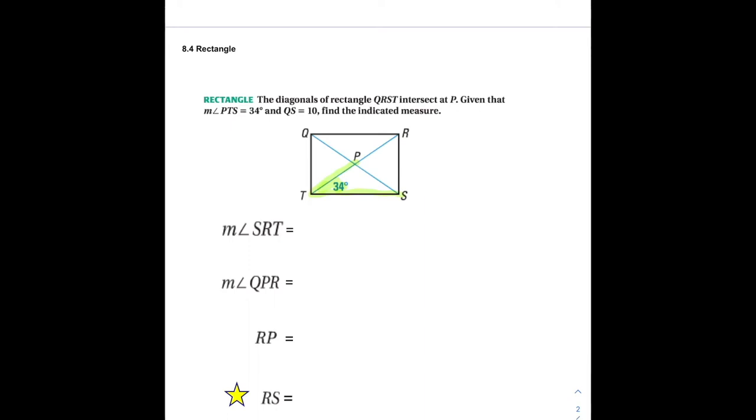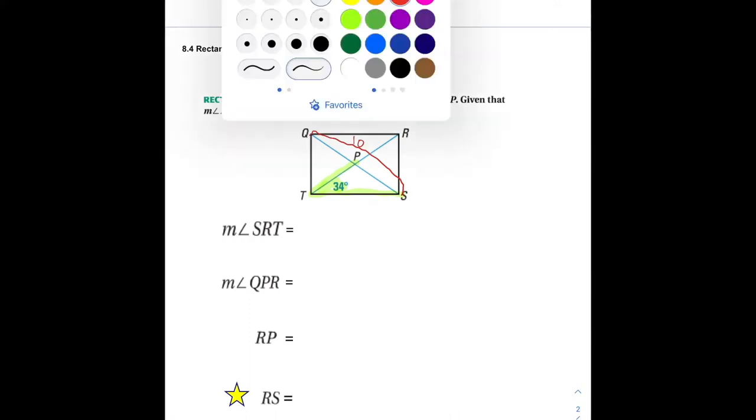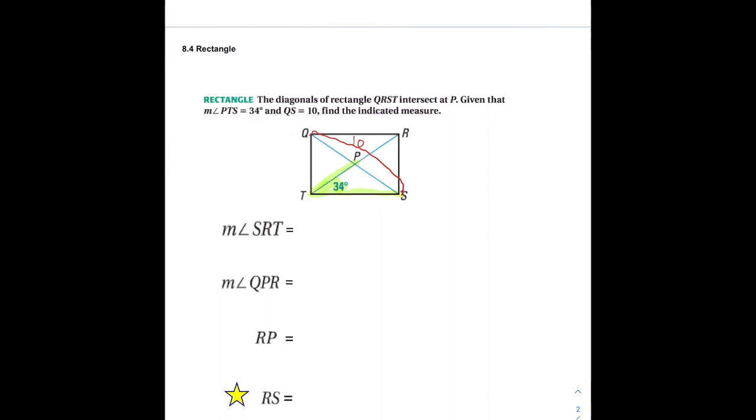And QS, I always recommend you fill in as much as you know, Q to S all the way down here is 10. Find the indicated measures. So let's find angle SRT.